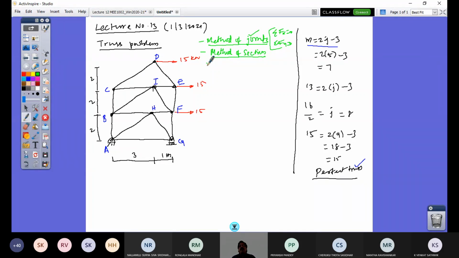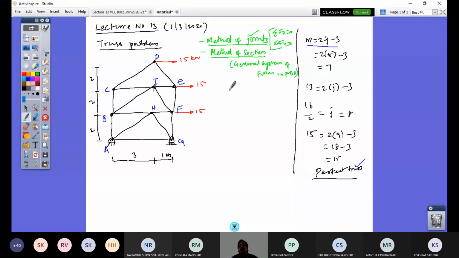In a joint, you don't require a dimension. So in such cases, the system of forces in the free body diagram would be a general system of forces.